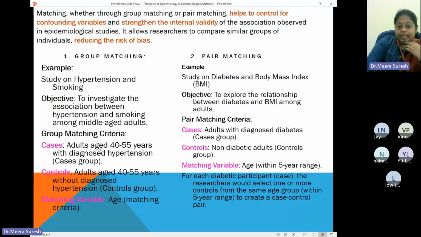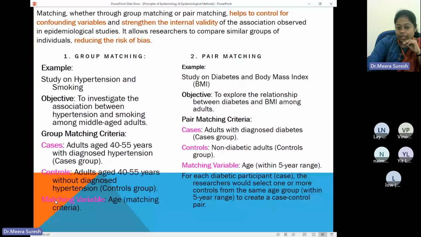So cases will be adults aged 40 to 55 years with diagnosed hypertension, because cases should have the disease you are studying. So they should have hypertension and belong to the age group 40 to 55 years. And then your controls will be adults aged 40 to 55 years without diagnosed hypertension, because they shouldn't have the disease.